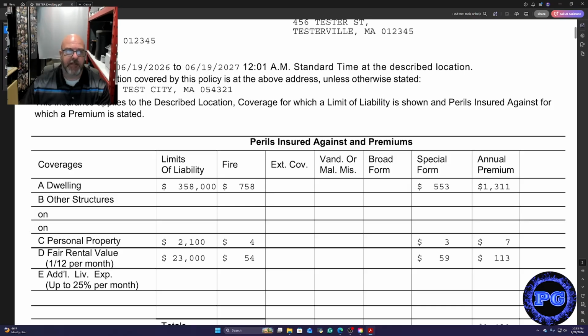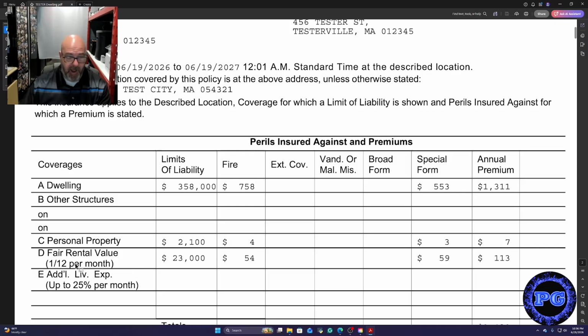So if that's at your Testerville address, but what's going on at your dwelling street address if you don't occupy there and you're just renting it out? Well, it's the same concept. That's why I brought that up. You're at fair rental value. You're at the flip of that, okay? So it's like loss of use, but what are you also losing as a landlord?